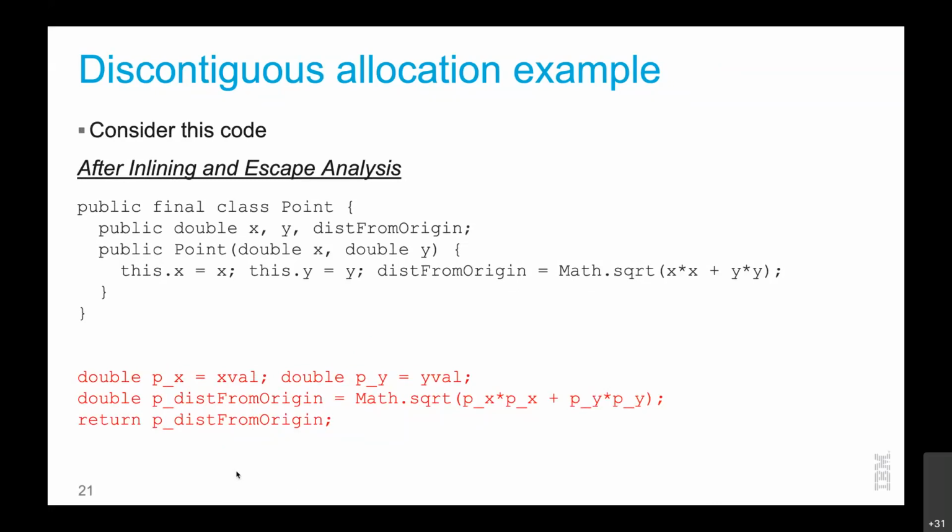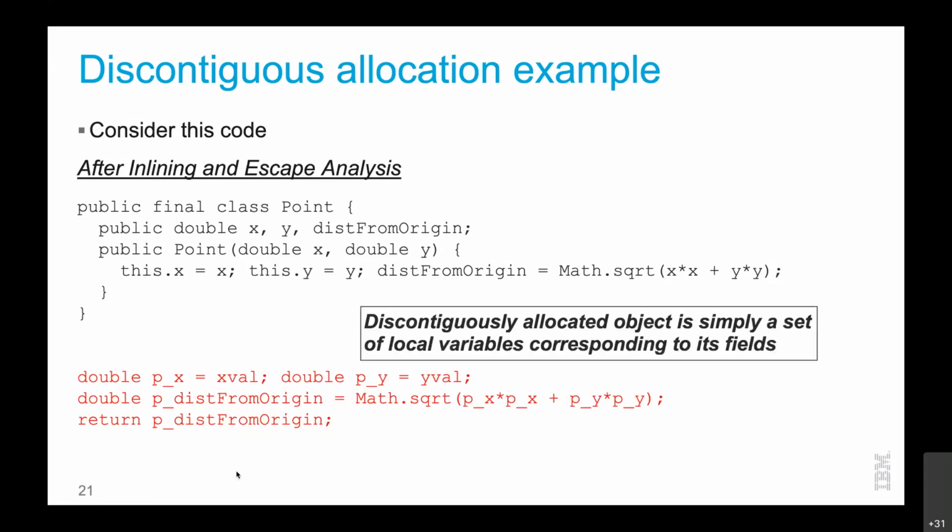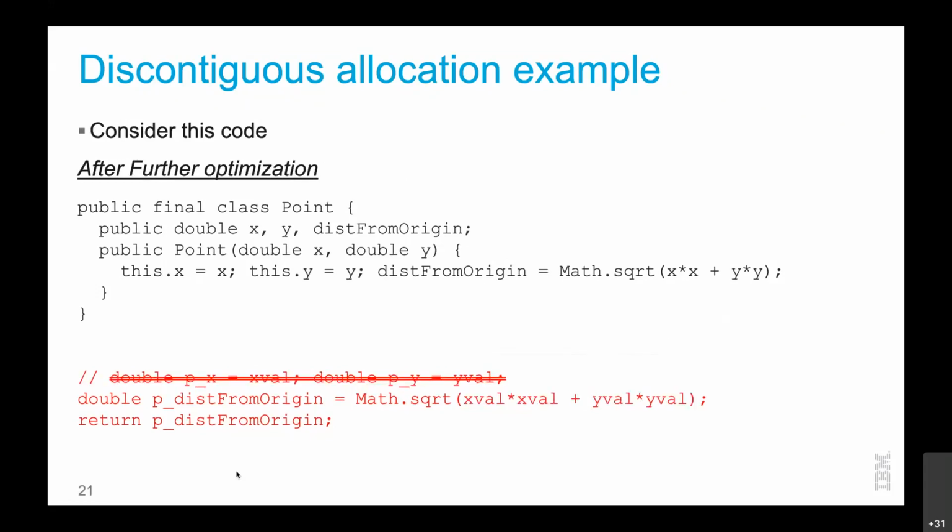In the actual JITted code, they wouldn't be named that way. px and py are assigned the x and y coordinate values, and p dist from origin is assigned the calculation for the distance from the origin, and we return that temporary p dist from origin as the result of the function. Then, as subsequent optimizations go through, they will potentially be able to discard these assignments to p_x and p_y and completely eliminate those variables as unneeded.